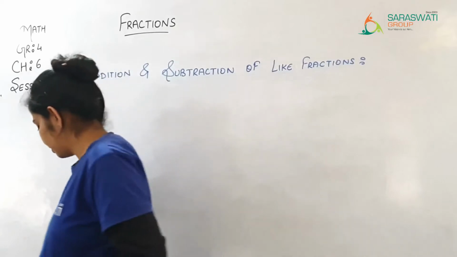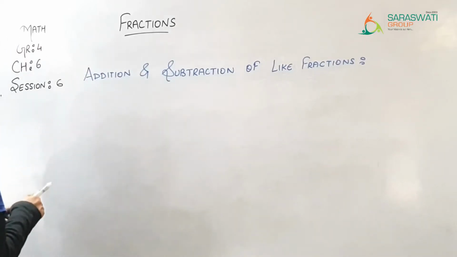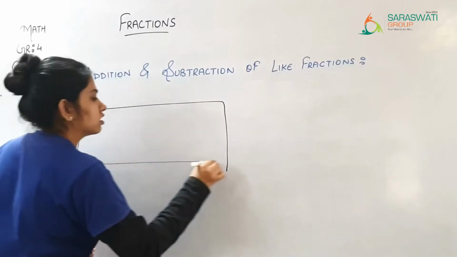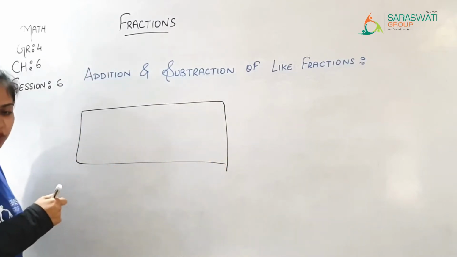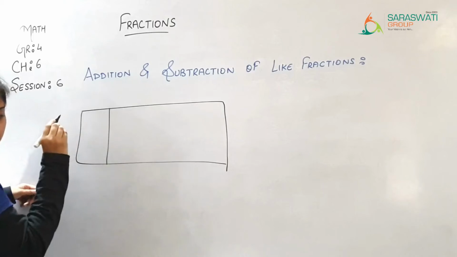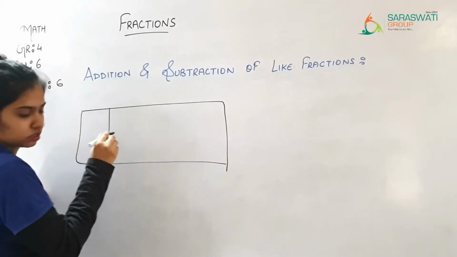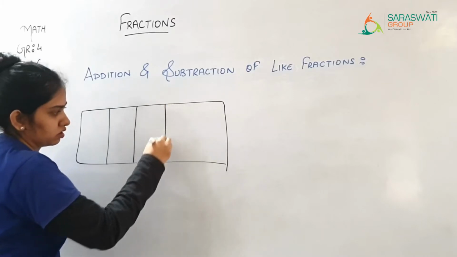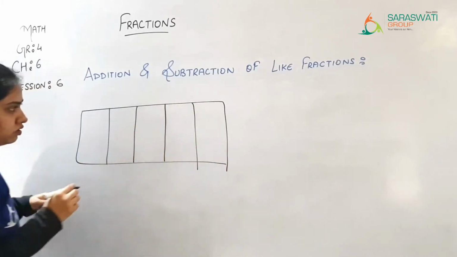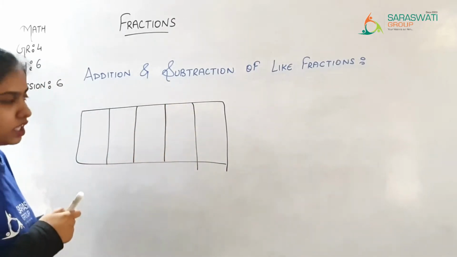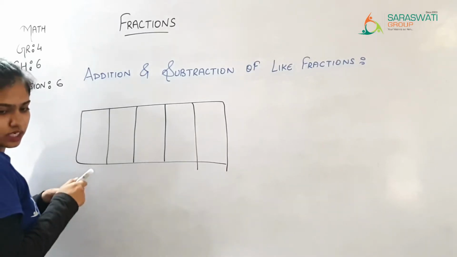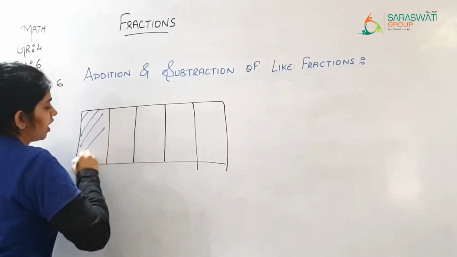Now over here there's a boy and a girl. So you can see I've drawn a rectangle over here. So now I have made parts and I am going to shade this part.